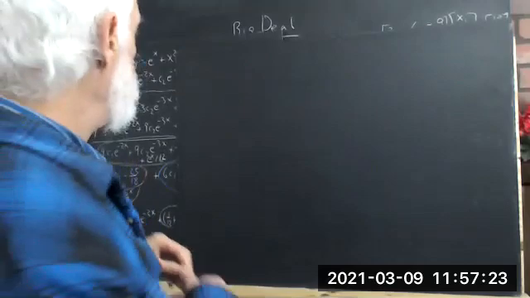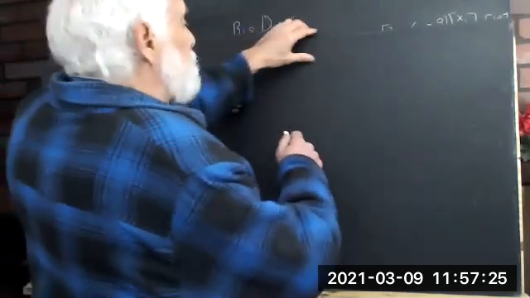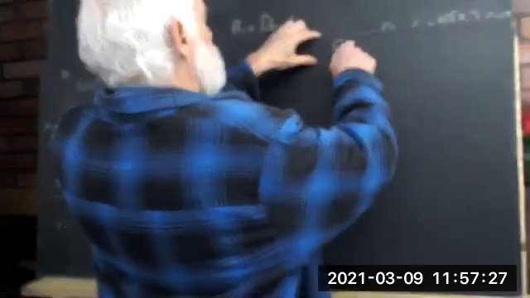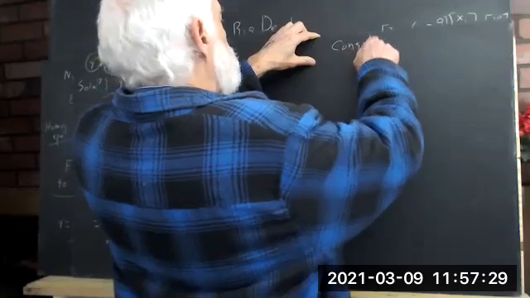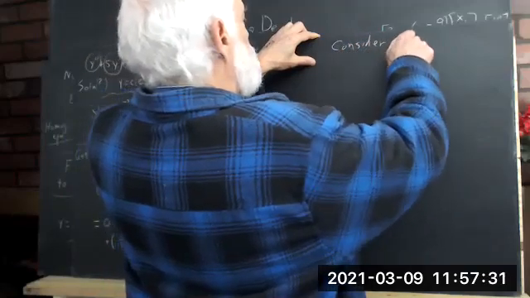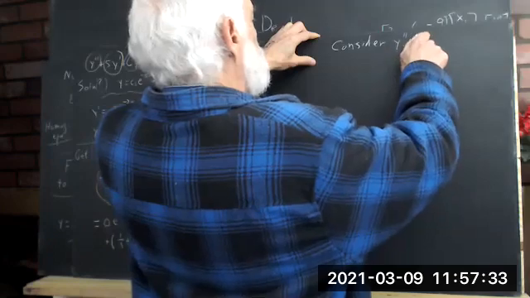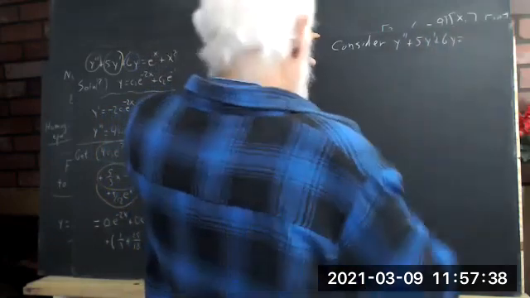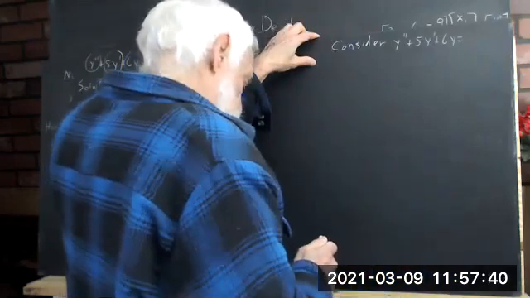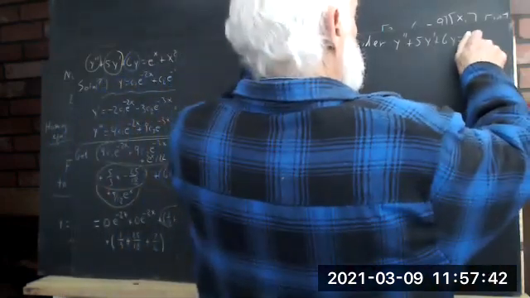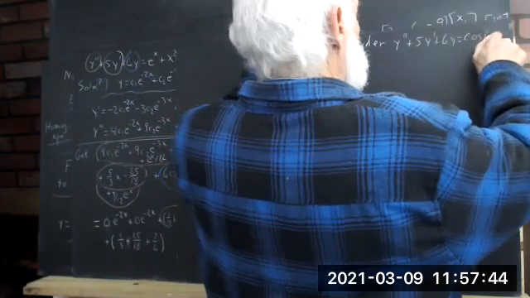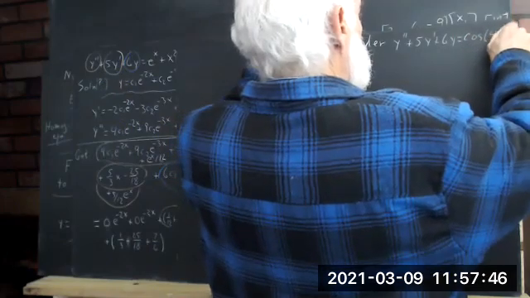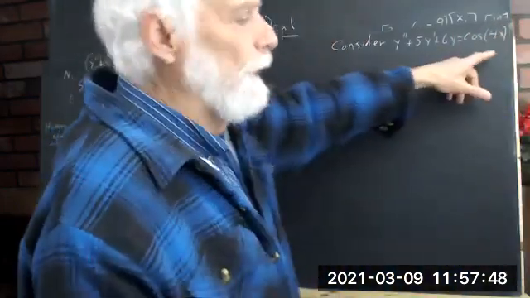So let's say we have the equation, and let's just say we have a cosine of 4x over here.